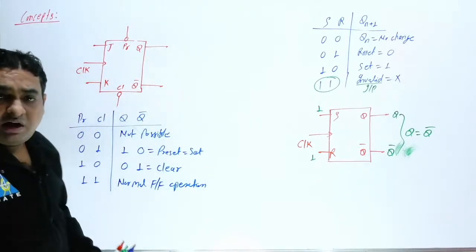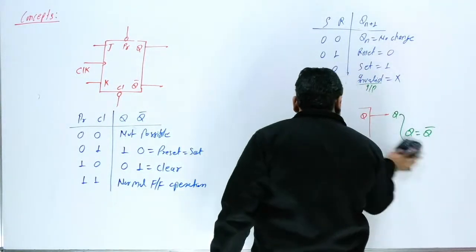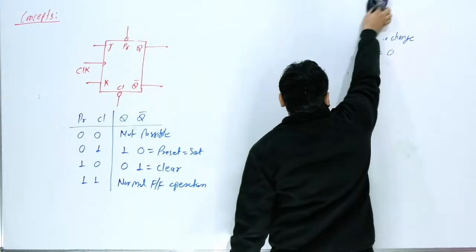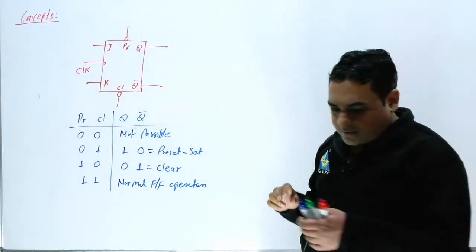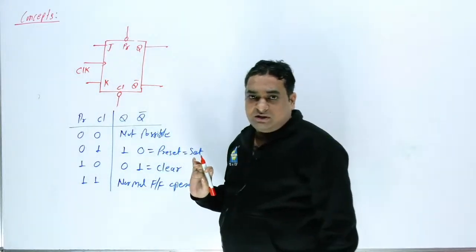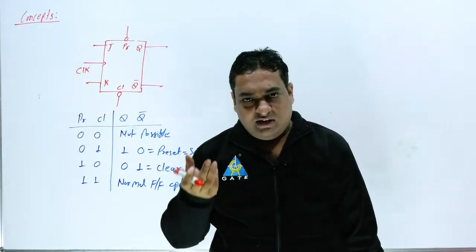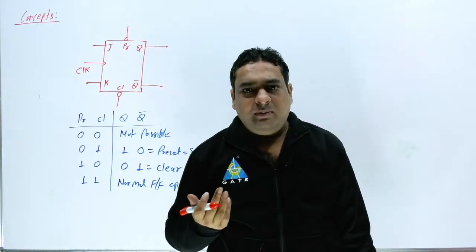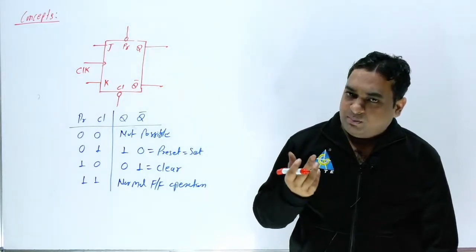Now I want to discuss one important concept here. Suppose we are applying the input at a flip flop, and after some delay, because inside the flip flop we definitely have some logic gates, and all the logic gates have some propagation delay.